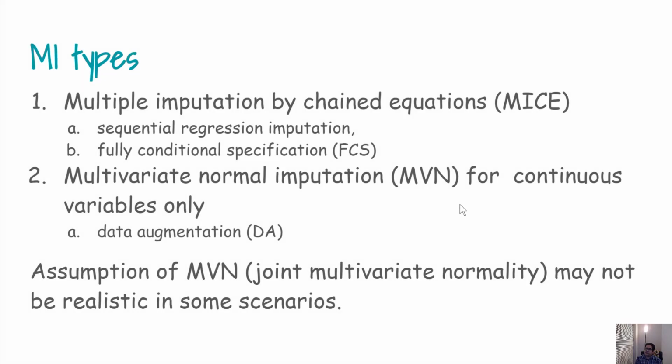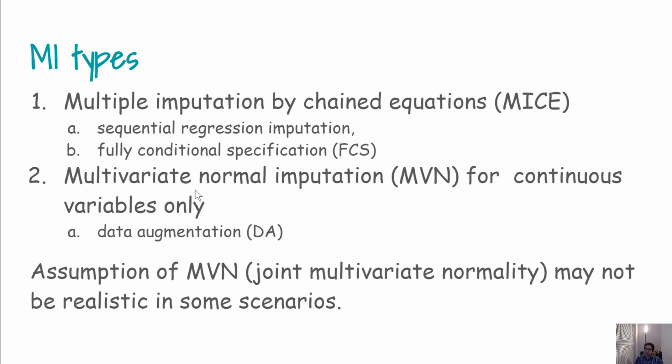Alright, so what are the different types of multiple imputation we can do? The most popular one is known as the multiple imputation by chained equation, or MICE, and there are many different versions of this MICE, and in R and in Stata, in SAS, I think everywhere this MICE version is implemented.